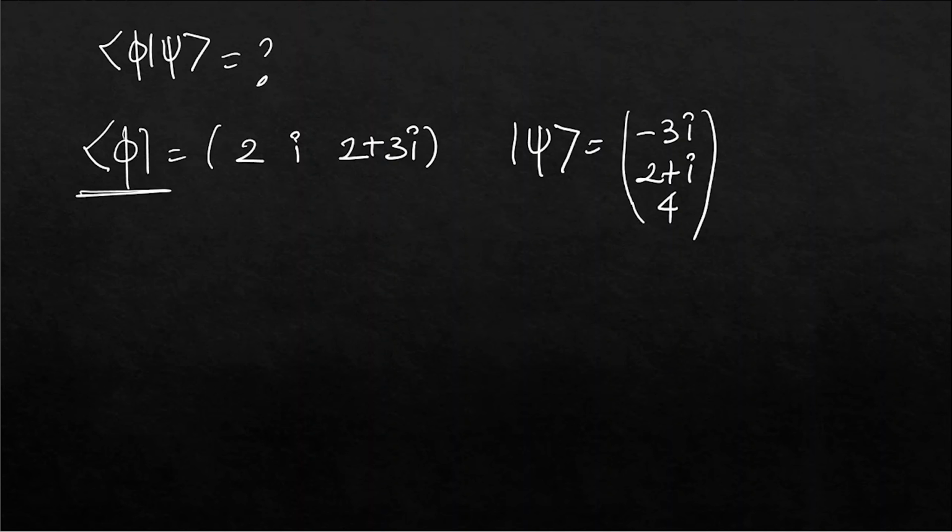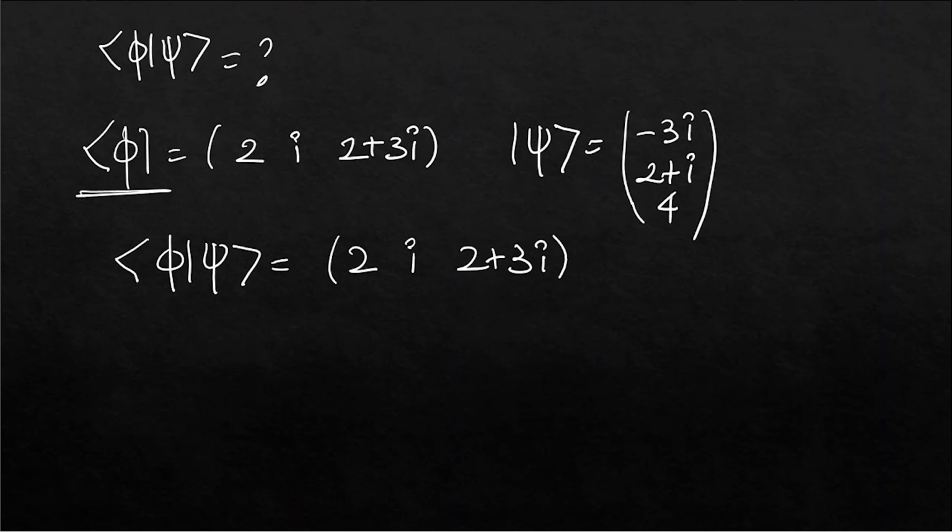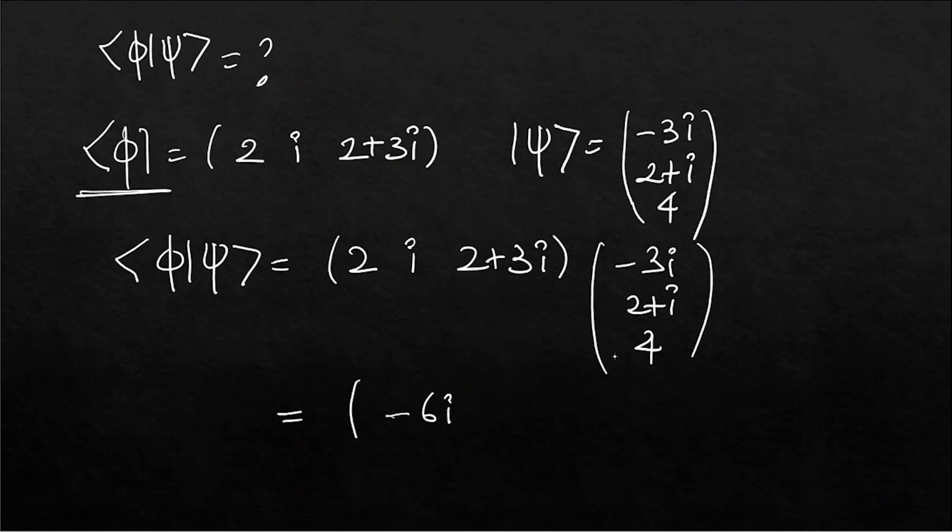So we write down this bra phi and ket psi and then do the scalar product. We just have to do the multiplication part. Our scalar product comes out to be 2 into minus 3 iota is minus 6 iota, then iota plus iota into 2 plus iota, and then 2 plus 3 iota into 4.